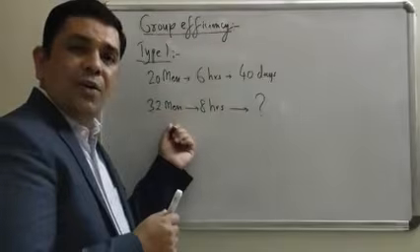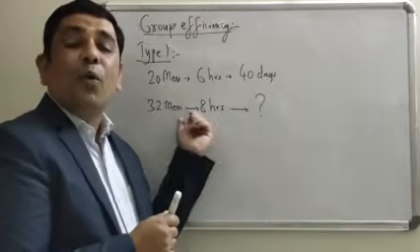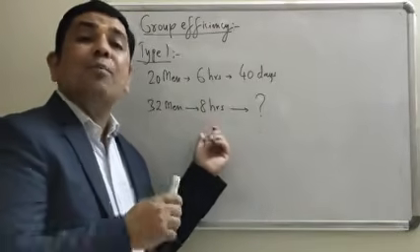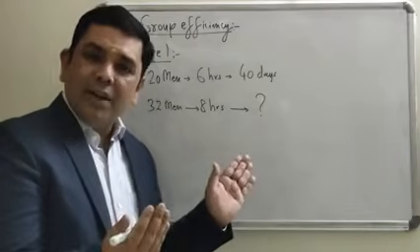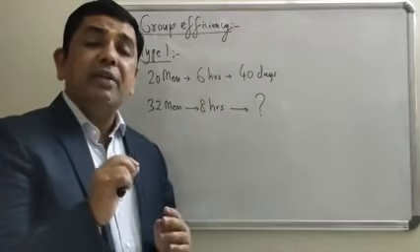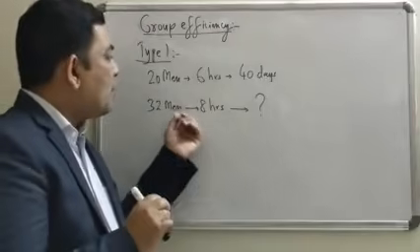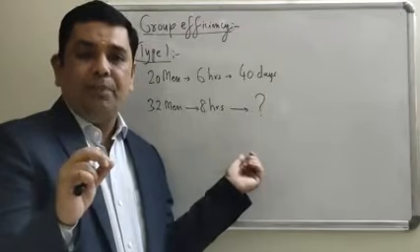More men would mean less days for the same work. More men would also mean more work, right? More hours would mean more work, which is absolutely logical. But here our objective is to do this problem as quickly and as easily as possible.